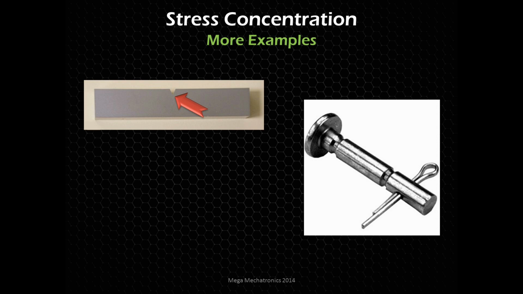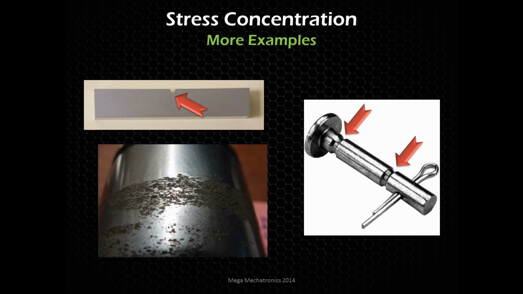Let's look at the shear pin on something like a snow blower, where you can control how the part fails. If something gets jammed in there at a certain force, this pin will break, and it'll break at these points, giving us a predictable and most likely safe way of breaking.